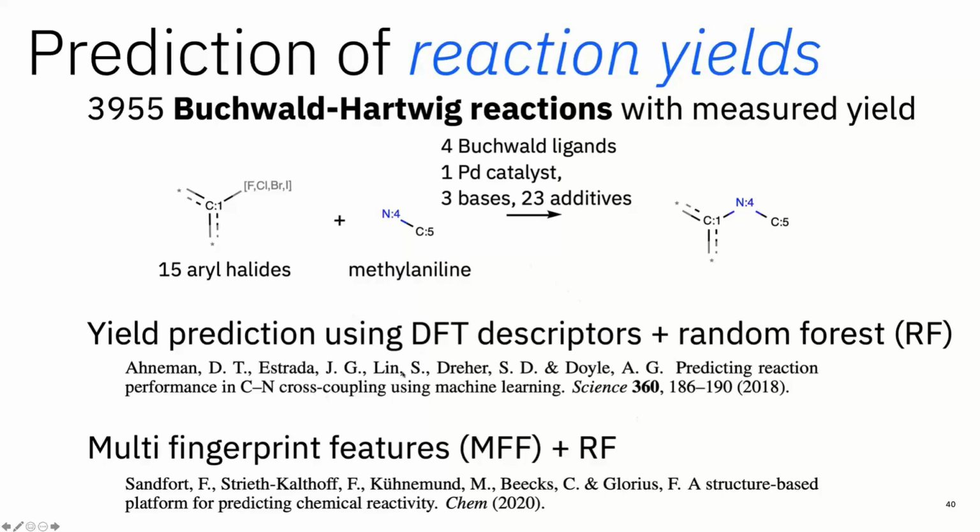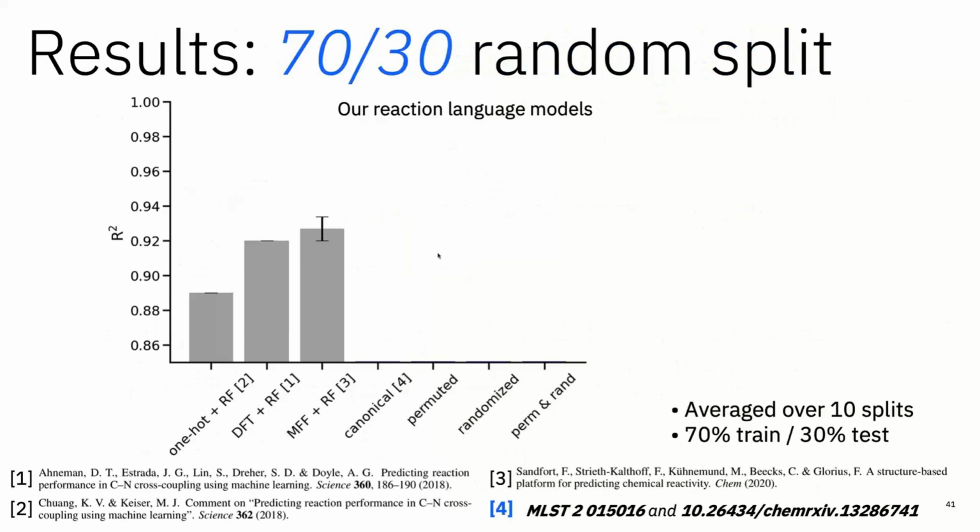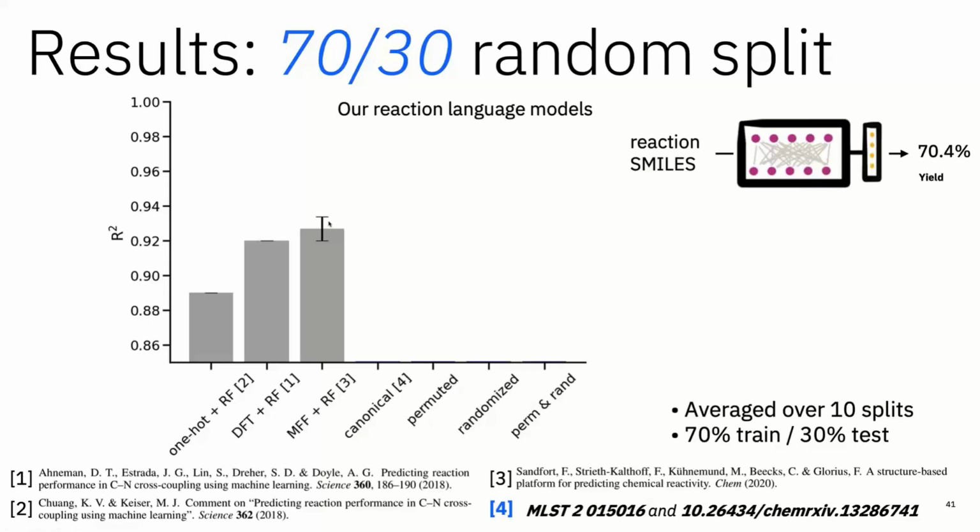What the Doyle group has done is they computed physics-based descriptors using DFT and tested different models, but then in the end selected the random forest model as the best performing one. And those were the results that existed. The question that we ask in this whole scheme of learning the language of chemical reactions is, how much information is available in the reaction SMILES only?